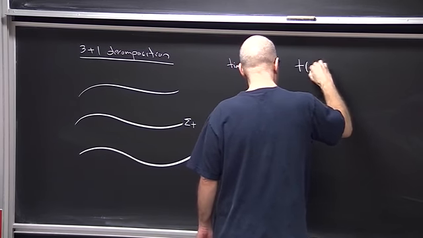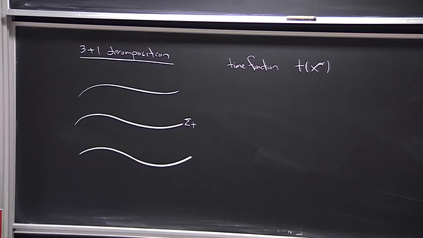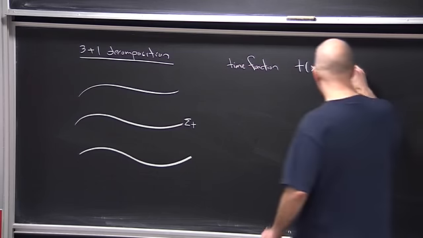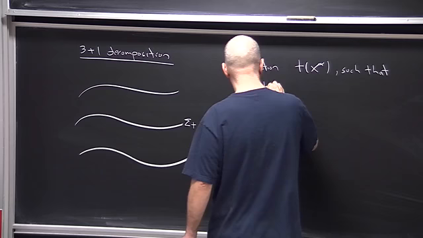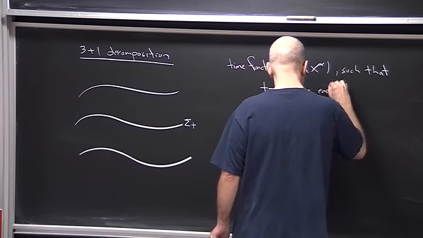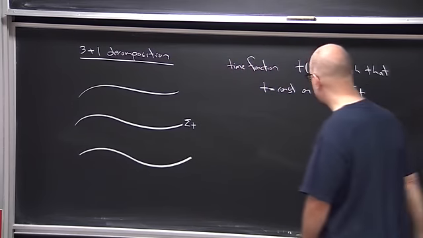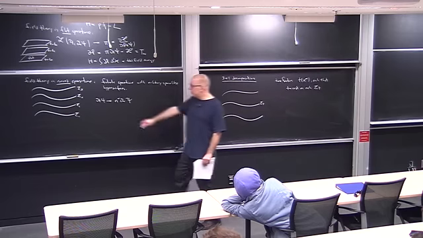It's a scalar field that we can express in terms of the spacetime coordinates, such that t is equal to a constant on each sigma t. So this would be the surface t equals t0.